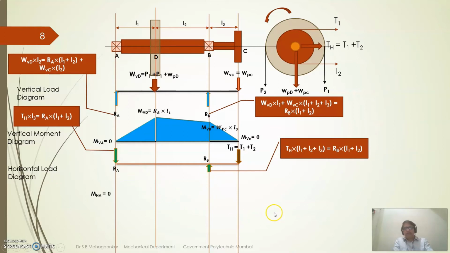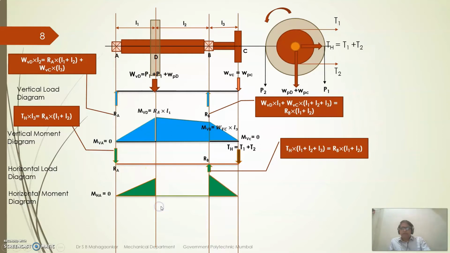After getting RA and RB, you can just go for the horizontal moment diagram. So in the horizontal moment diagram, MHA will be 0 as I said at this point, because the distance will be 0. As this distance increases from here, you will get a moment. Again, moment at point D will be RA into this distance L1.